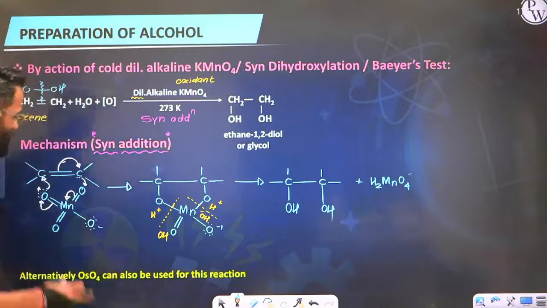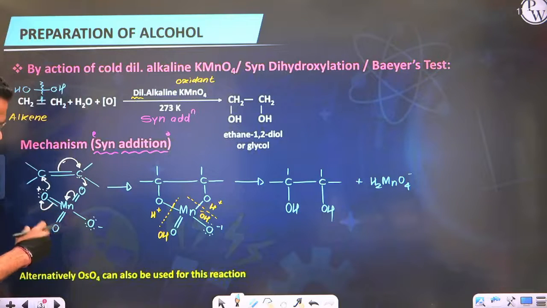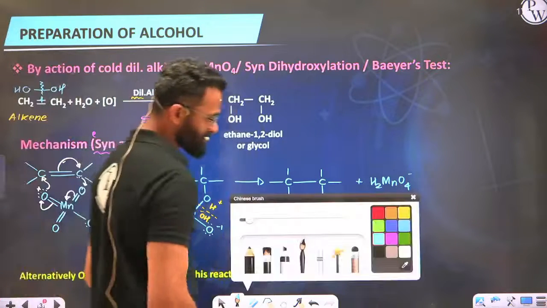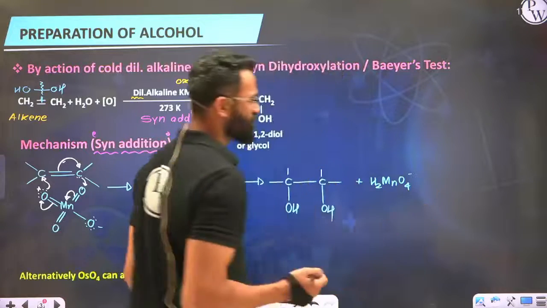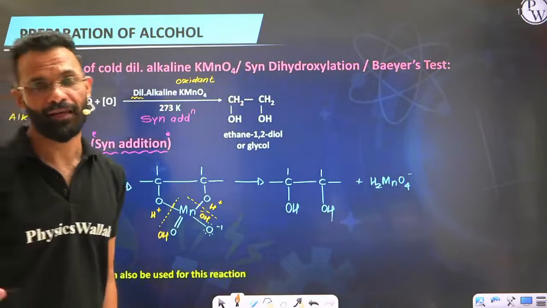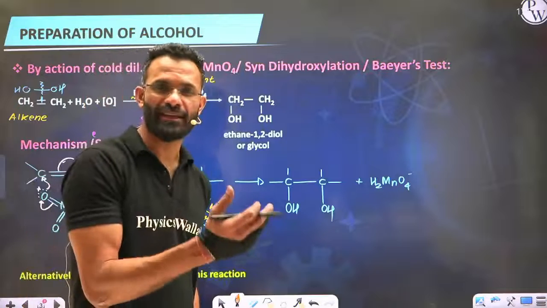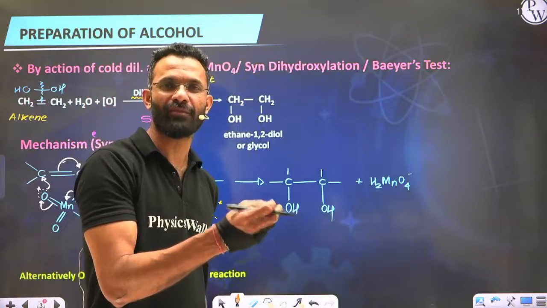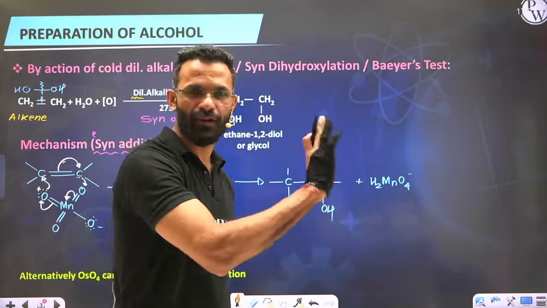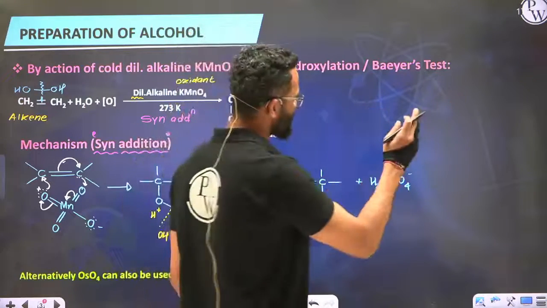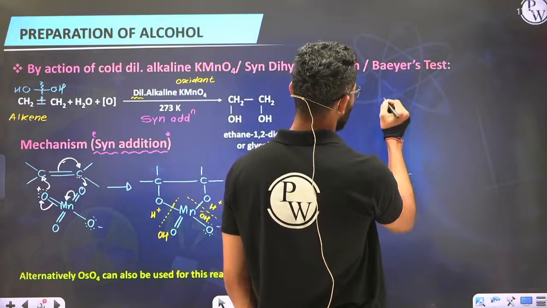Now the way you see it over here, MnO4 is used. Just like that, there is another set of reagent we use. In fact, industrially you will see that is more commonly used. But again, because it is costly, that reagent is used in a catalytic amount with one more supporting reagent. By the way, now we are talking only about that reagent. Let's not get into the chemistry of that. That reagent is osmium tetroxide.